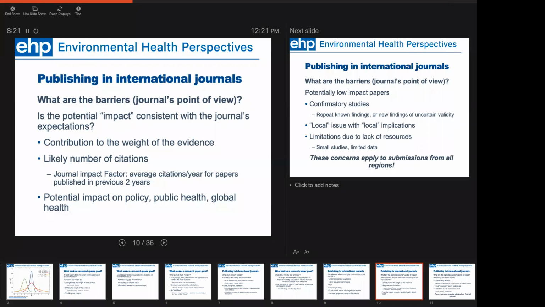Will it be cited? You are probably familiar with the journal impact factor, which is basically a measure of the average number of citations per year for papers published in the previous 2 years. This is not the most important thing, and it's not the only thing that we think about, but it's a metric that everybody uses.